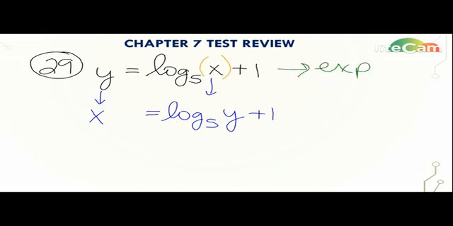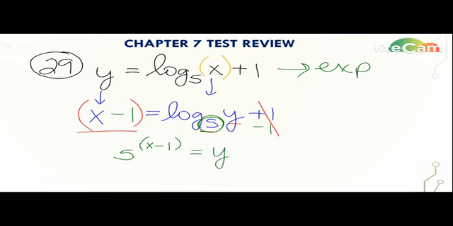I'm expecting to make it an exponent, but I can't convert it without moving that extra piece over. And on top of that, this x minus 1 has to stay as one piece. So I'm going to convert 5 to the x minus 1 equals y, and that is going to be my answer.